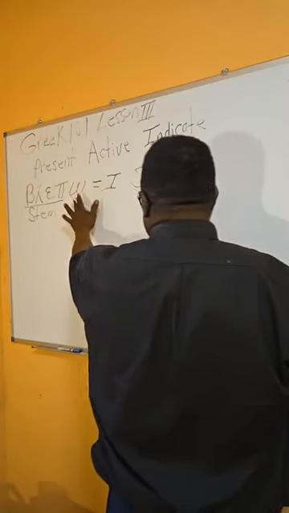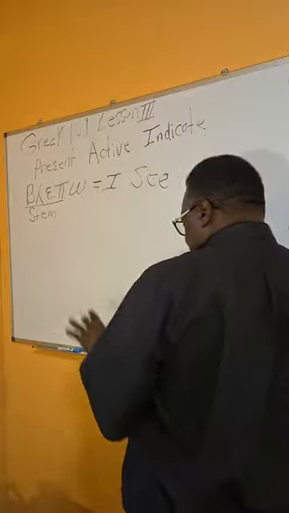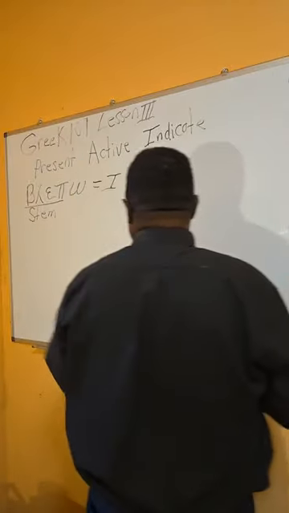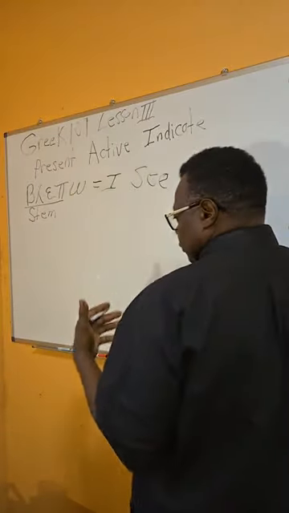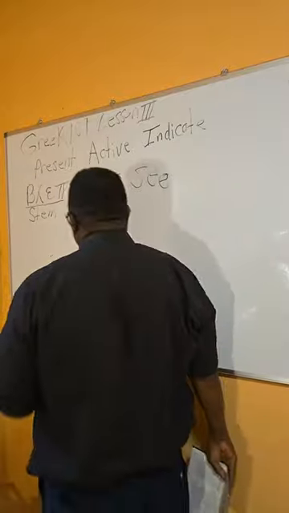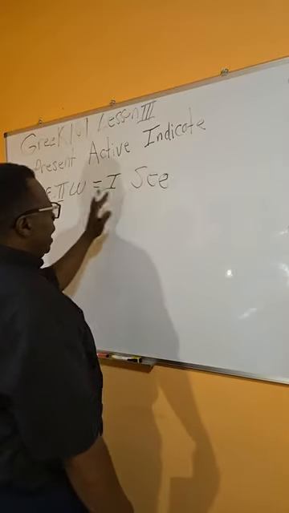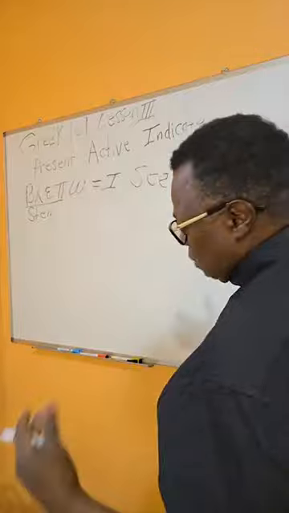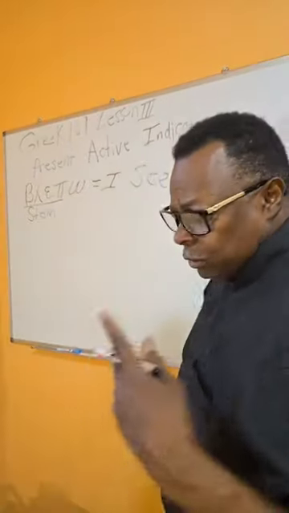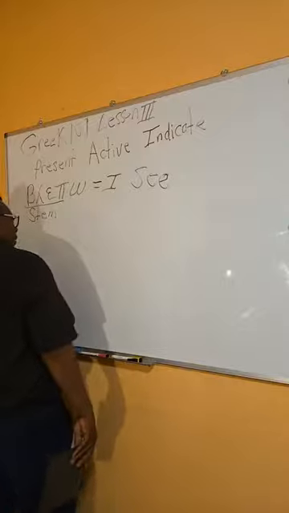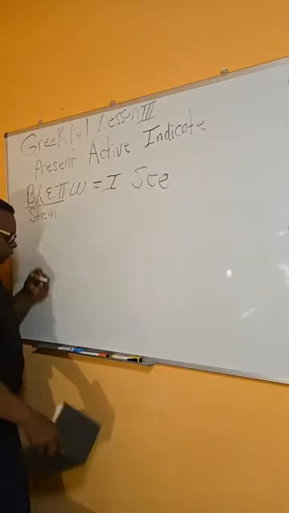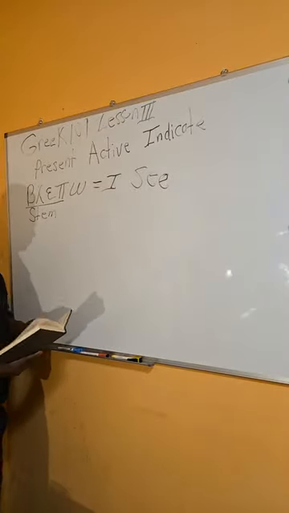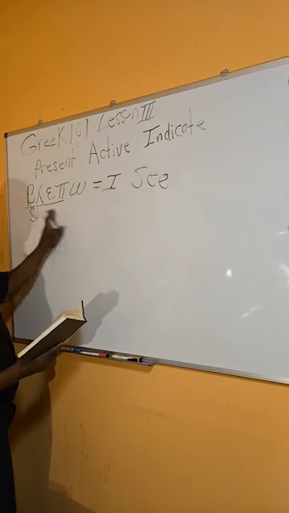Greek is an inflected language. So you got to watch your endings in Greek. Behind the word, it tells you a lot in Greek. Okay? Blepo means I see. So we're going to start learning a lot of these verbs. And that's how you're going to increase the vocabulary in the first person singular. I see. Blepo. Okay? Now, that's your stem.